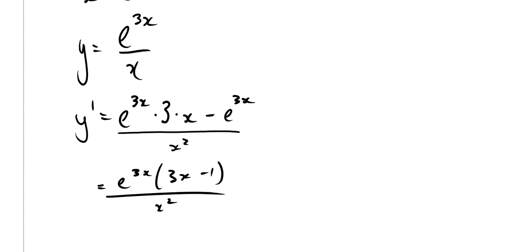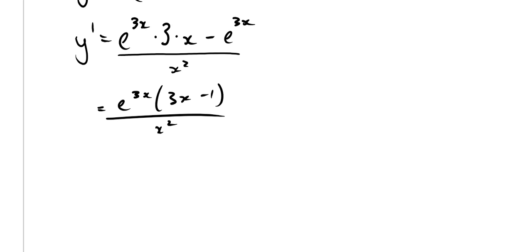I would be curious, when we do the second derivative, which one do we want to use? Because either way, we're going to get a bit of a disaster where we're getting product rule and quotient rule in the same question.